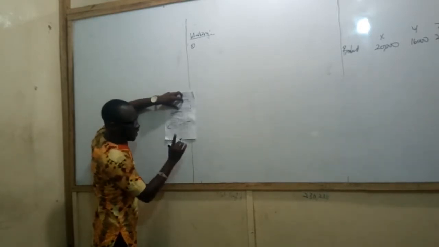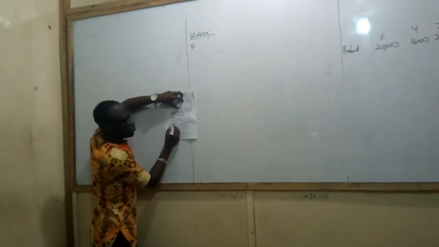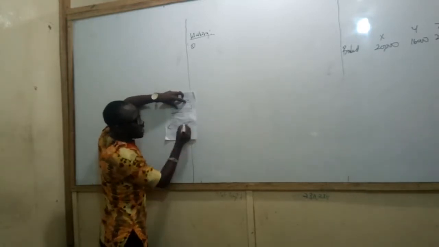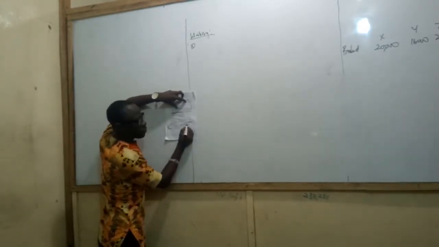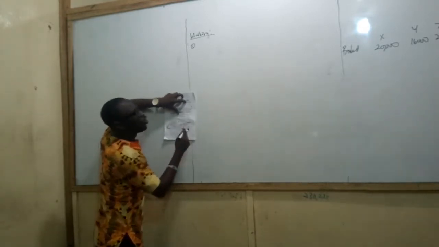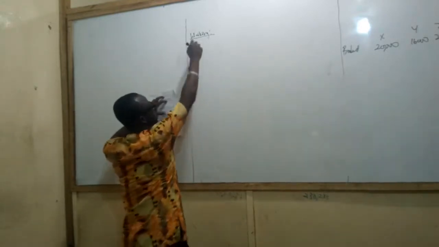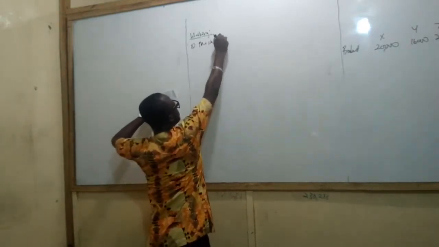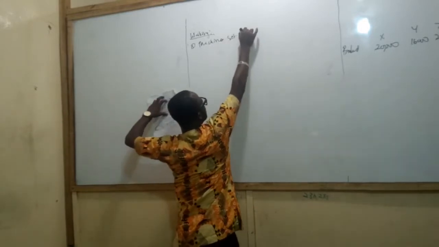Now listen carefully. He's saying that when it comes to machine cost, that is dependent on what? Number of batches. So to be able to calculate, we need to look at the machine setup cost.